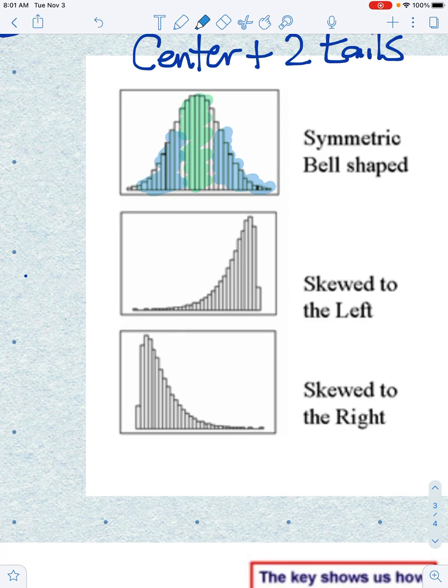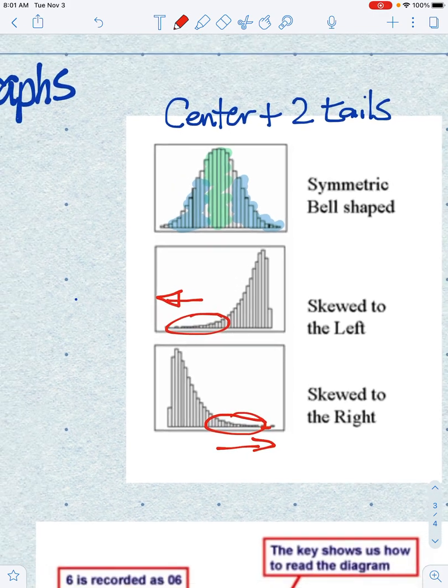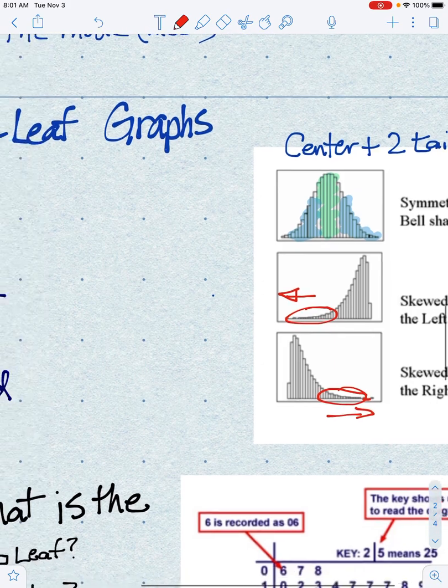Otherwise, the data could be skewed to the left, which means that somebody has grabbed this tail and stretched it, or it's skewed to the right, and same thing, except somebody's stretched that way. That affects the way we interpret those numbers.